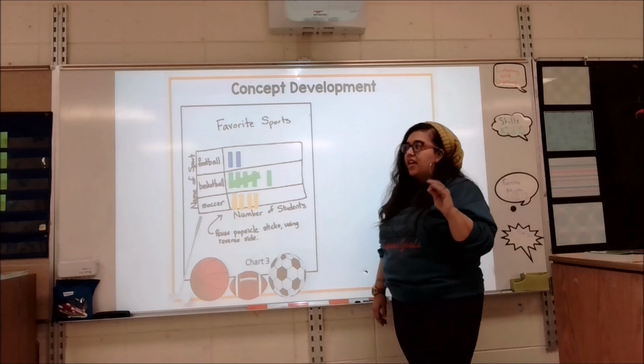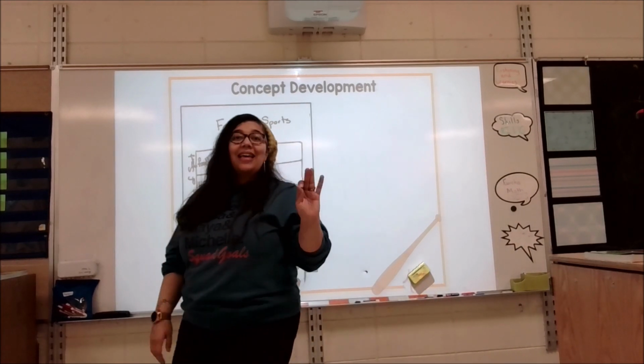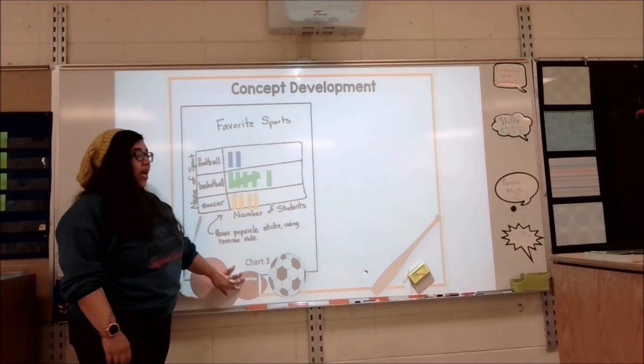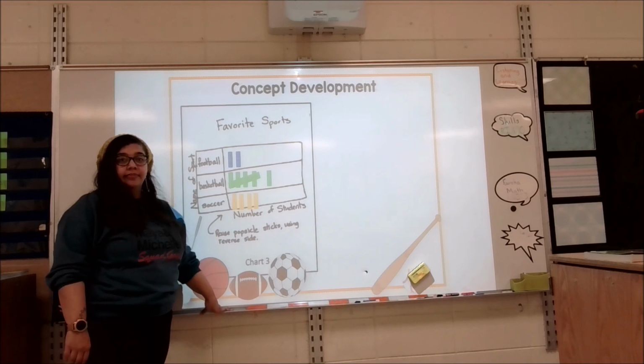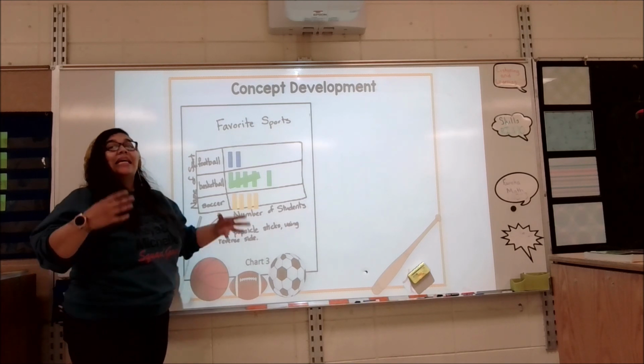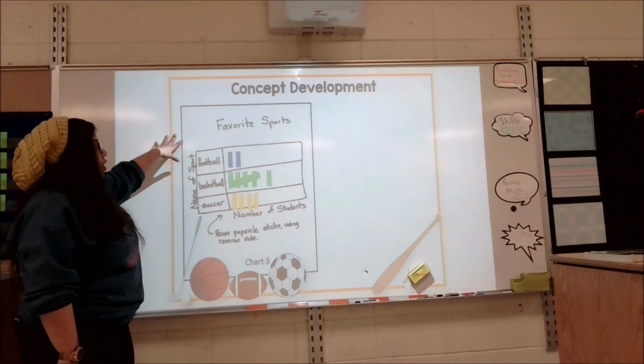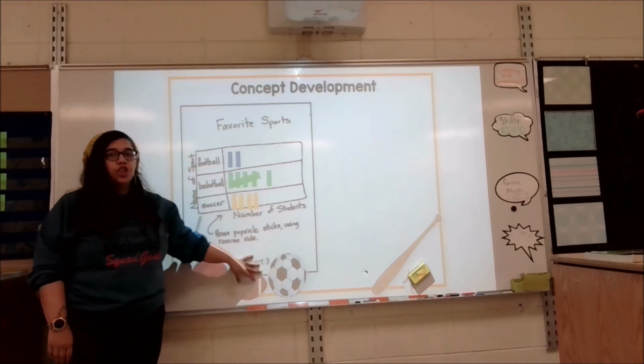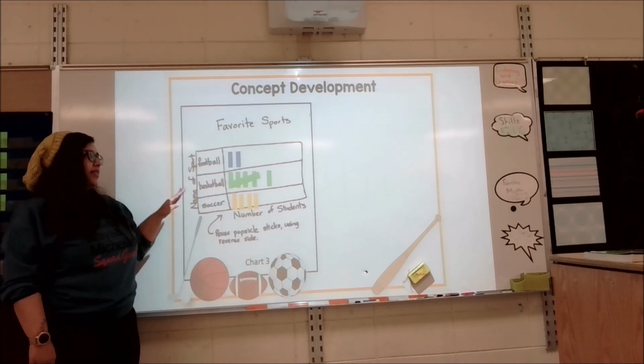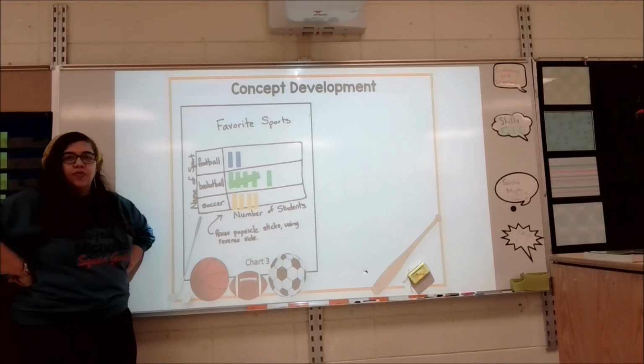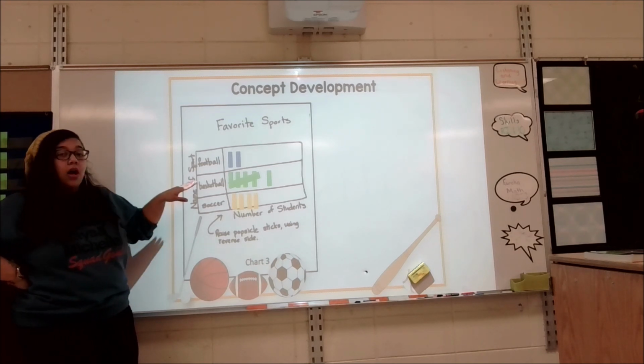Now, looking at the information, the data in this format, can we ask and answer questions about it? Yes, good. From this information, which sport did our class parents like the most? Which one has the most votes? Basketball.